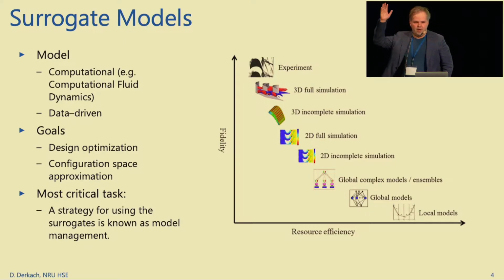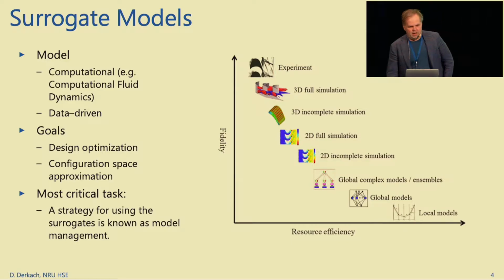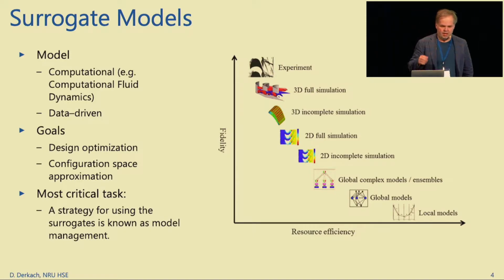And the last part of the surrogate modeling, which normally is avoided in our view, is the experiment. Actually, we can have an experiment which provides us with some kind of understanding of the system under study. The problem here is that we need to have a model which has some kind of computational possibilities, which is data driven.